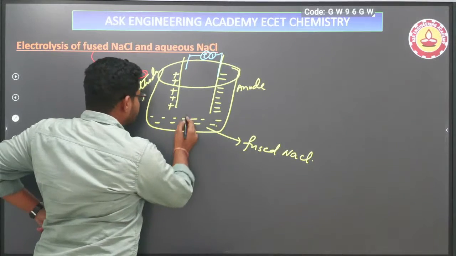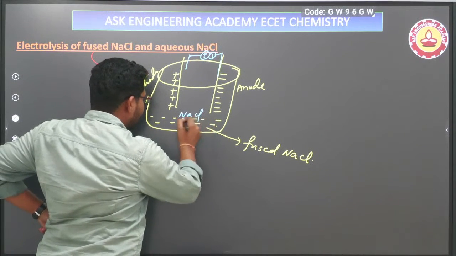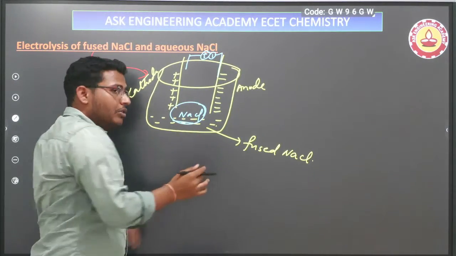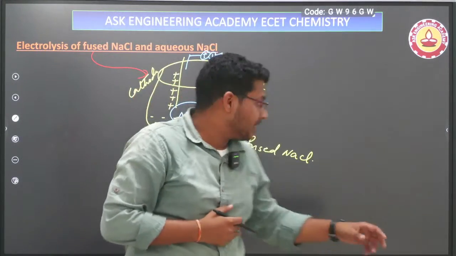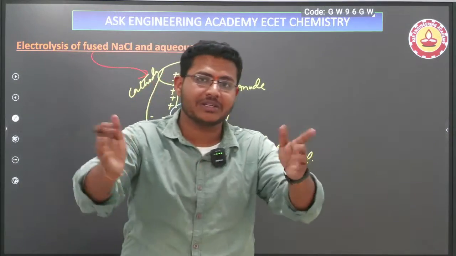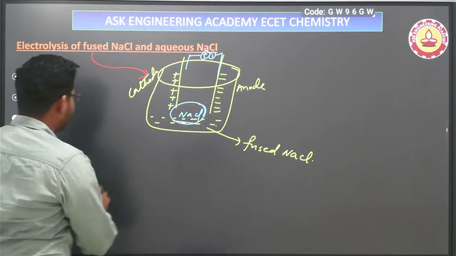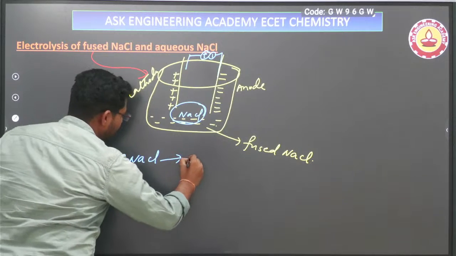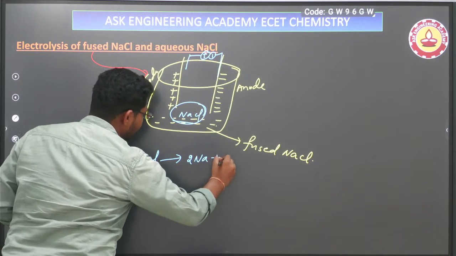Now the NaCl, due to the application of electric current, will be dissociated into two ions, Na plus and Cl minus. The equation will be like this: 2 moles of NaCl gives rise to 2 moles of Na plus Cl2.